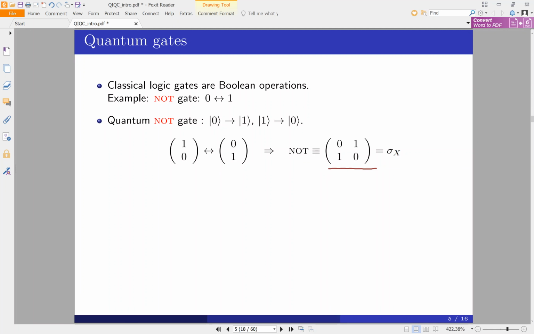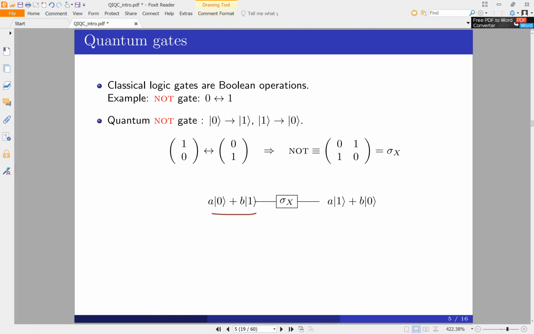And it's easy to check that this matrix is in fact a matrix that you've already seen. It's an off-diagonal matrix, 0 1 1 0, and this is in fact the sigma x matrix which you've already seen in the earlier lectures. So this is how you would represent that in a circuit. I have an arbitrary qubit state coming in, which is some superposition of 0 and 1, and then I have the gate sigma x acting on it.